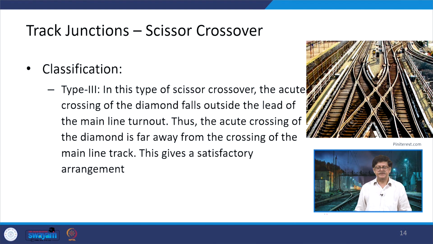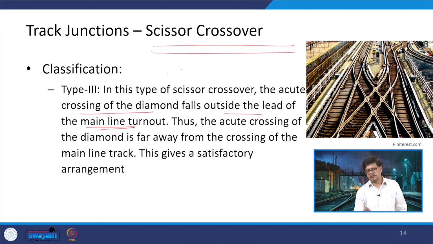The third type is where the acute crossing of the diamond falls outside the lead of the main line turnout. This is one of the satisfactory arrangements. That means, if we are talking in this form, it starts from here and there is this crossing being provided.